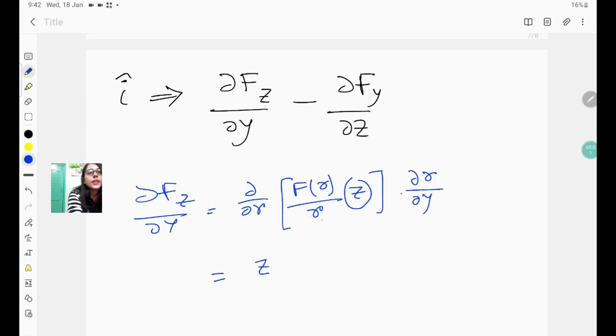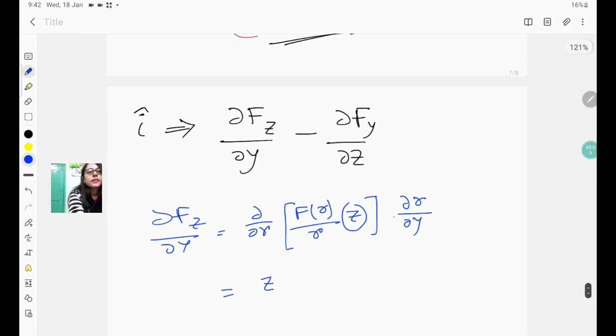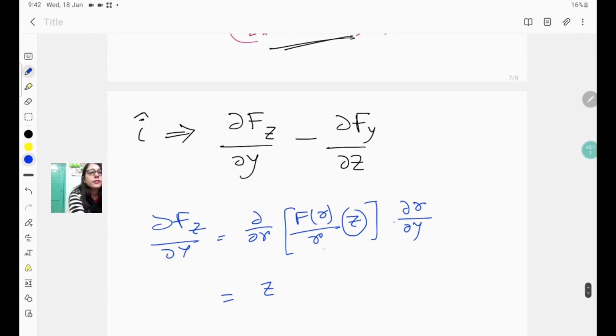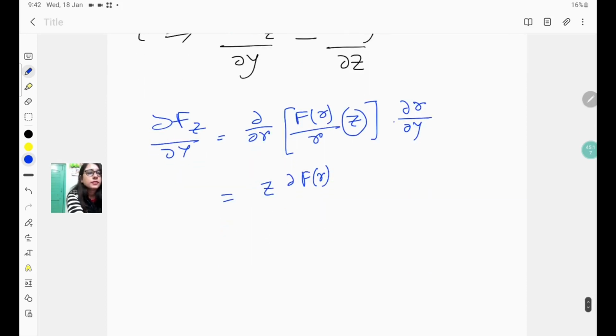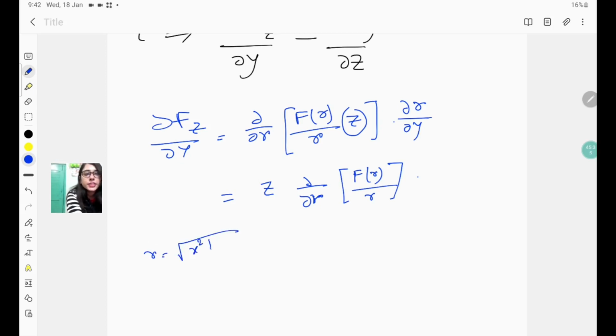Now del r of f(r) by r, we are not simplifying it, we are just putting it as it is. Now del r by del y, what is r? R is, as we mentioned before, the root of x square plus y square plus z square.